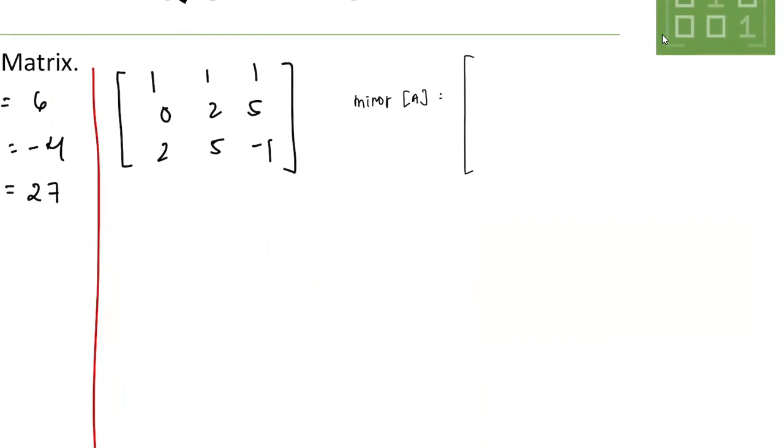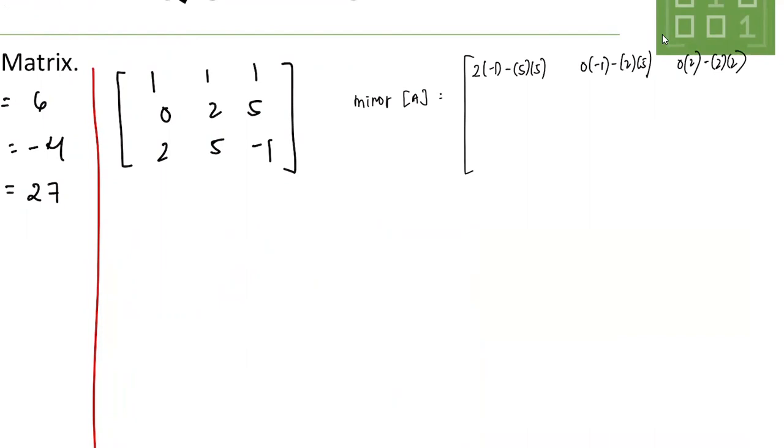Okay. So, minor A ko will be 2 times negative 1 plus 5 times 5. Okay. Yun ang prone dito eh. Okay. Next is 0 times negative 1 minus 2 times 5. Next, 0 times 2 minus 2 times 2.